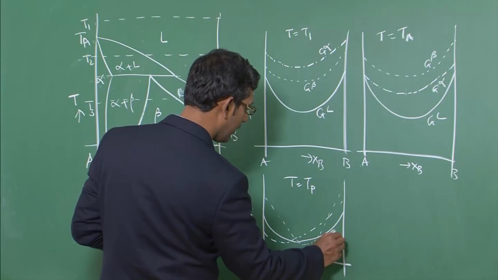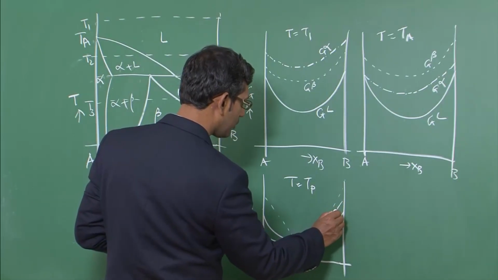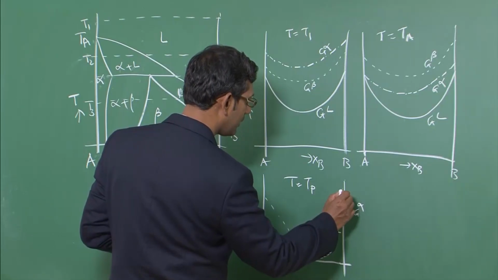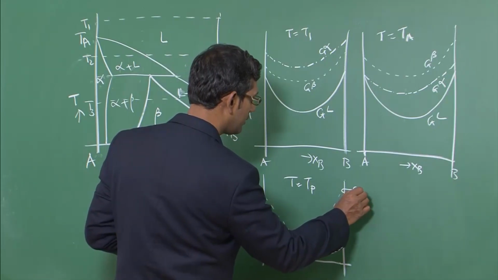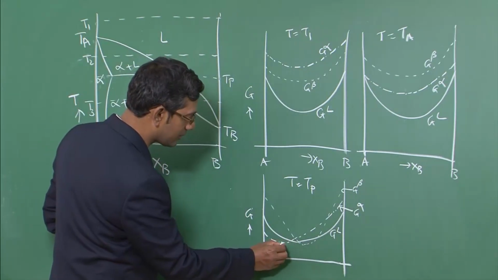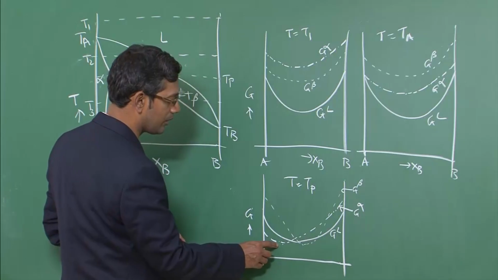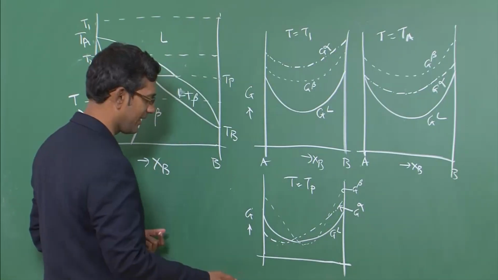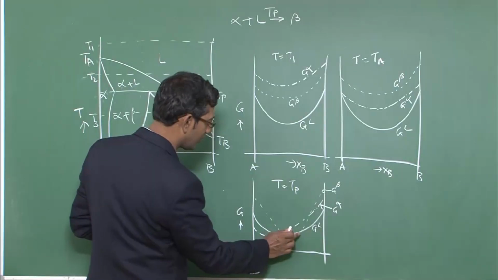So this is GL and this one is G alpha and this one is G beta. So between these two curves, liquid and alpha, you can draw a common tangent, or rather it is better to draw a common tangent between three of them.